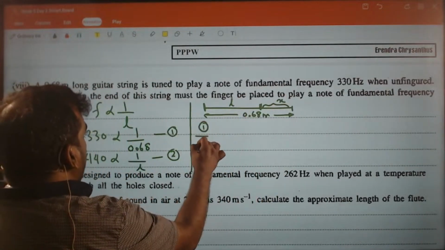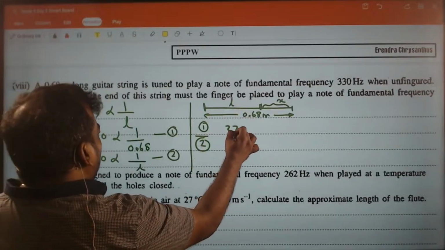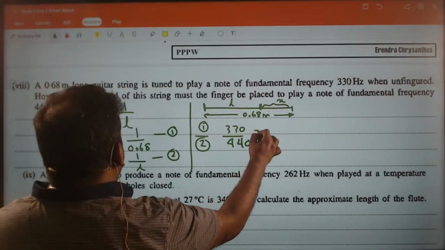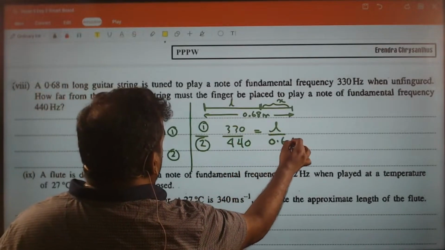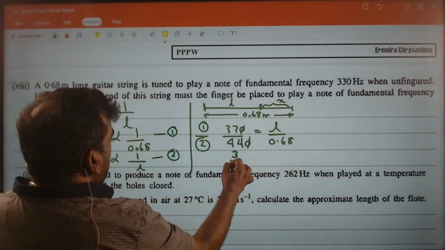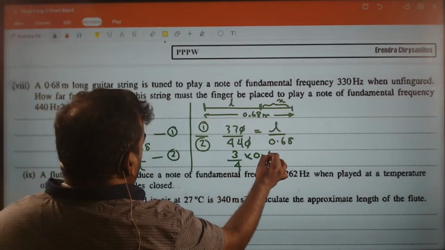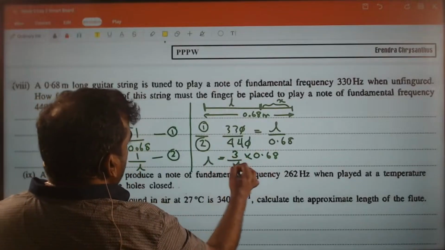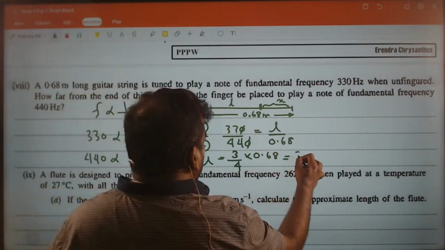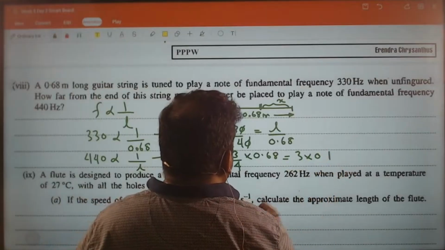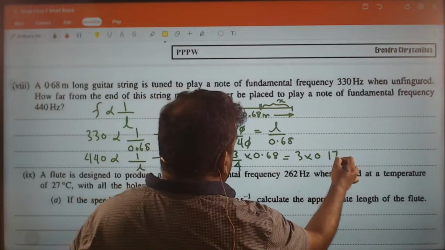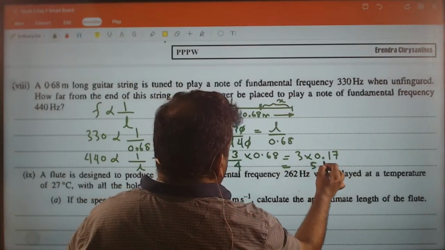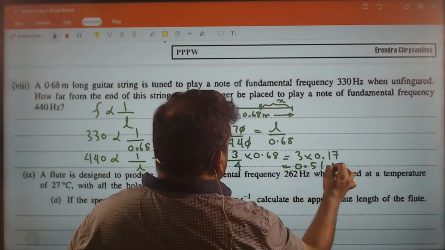Divide the first equation by the second equation. 330 divided by 440 is equal to L divided by 0.68. L is 0.51 meters.